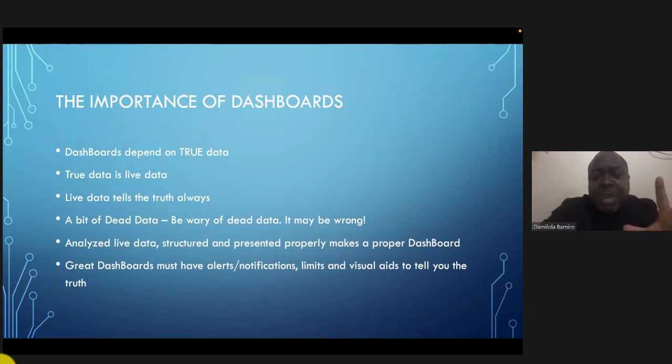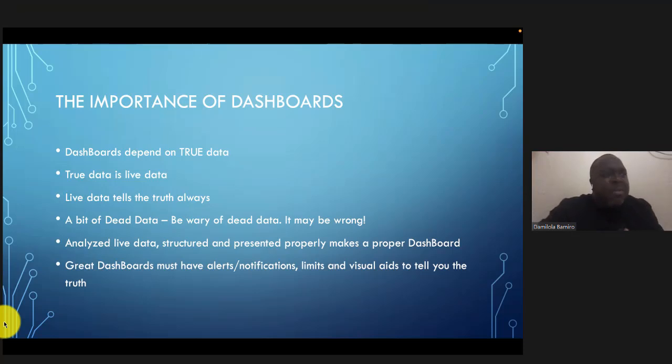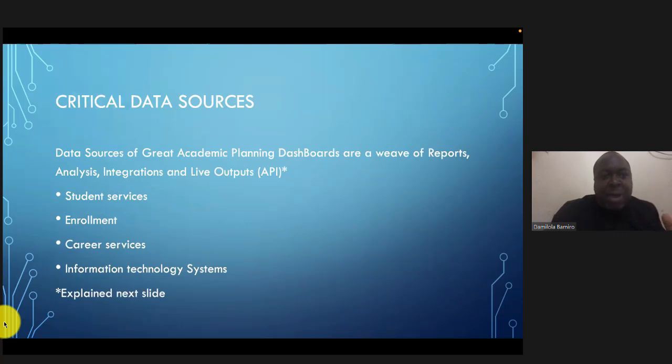Something must be screaming at you saying, sir, something is going on here. Something is wrong here. This used to be +5. Now it is +25. Why is this? You need to ask questions. You need to begin to say, why is this data here? And why is this not? Visual aids are good. So red for negative, green for positive. All of those things tell you the live truth, what is going on now.